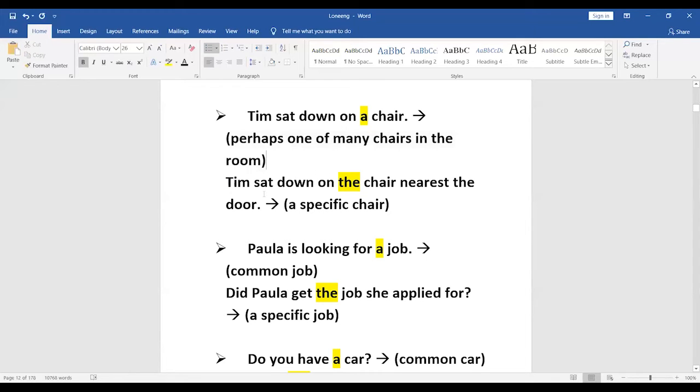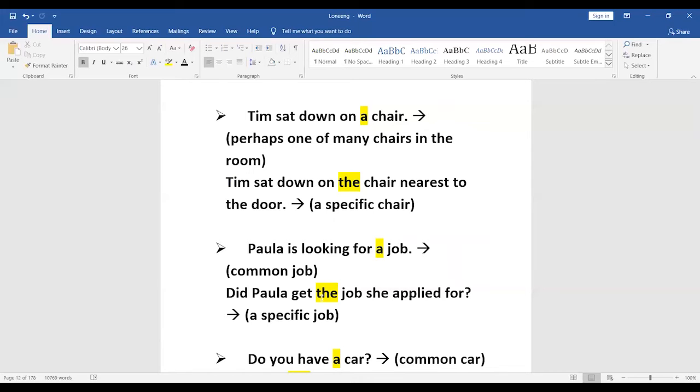But Tim sat down on the chair nearest to the door. Now I'm being very specific about one particular chair. It was near the door, and because it was closest to the door, I'm saying the chair. So now do you understand why I'm using the? Because I'm being very specific about that particular chair.